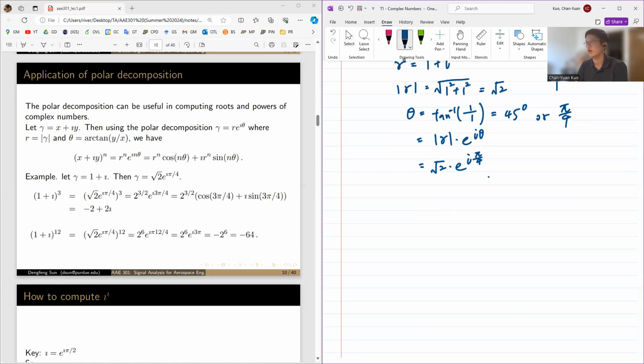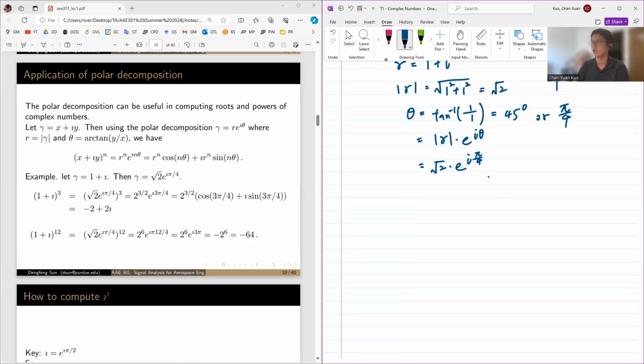You may wonder, why do we need this other representation for a complex number? It turns out that the polar form, or the polar decomposition, of a complex number can be useful in computing roots and powers of complex numbers.